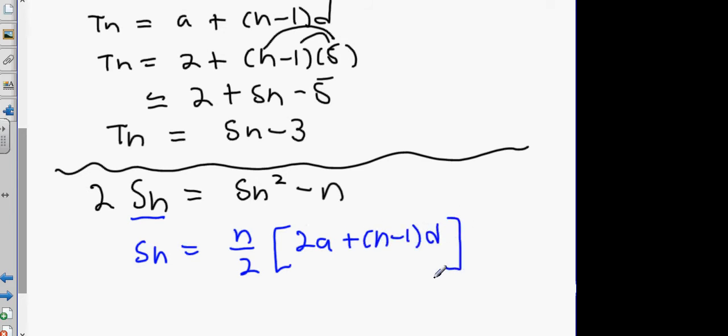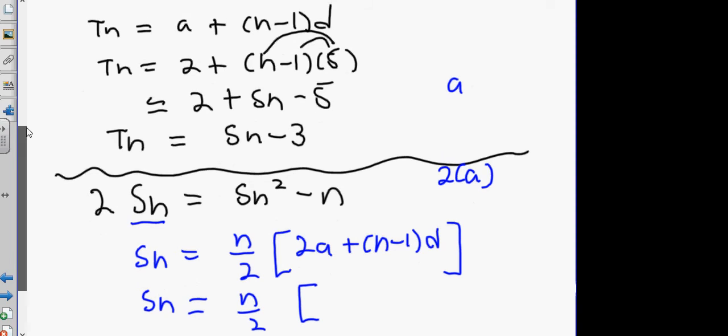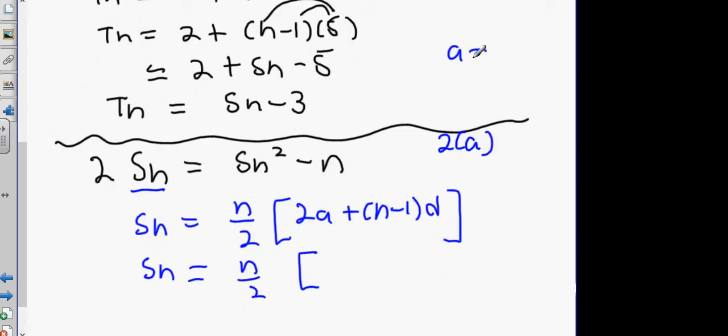Then what you're going to get here is n over 2. We don't know what n is, but we know what 2a is. What's 2 times a? 4. A is 2 and d is 5. So we know that 2a is 4. We know that d is 5. 5 times n minus 1, so that's going to be 5n minus 5.